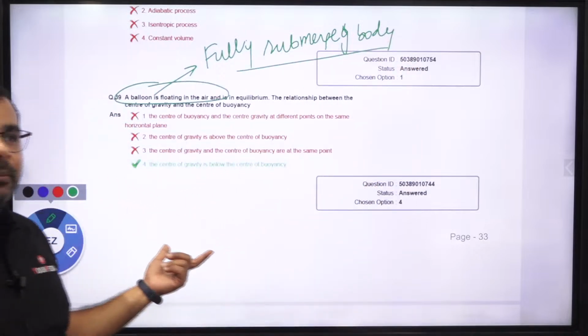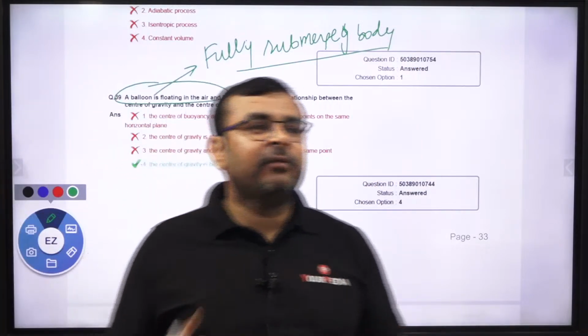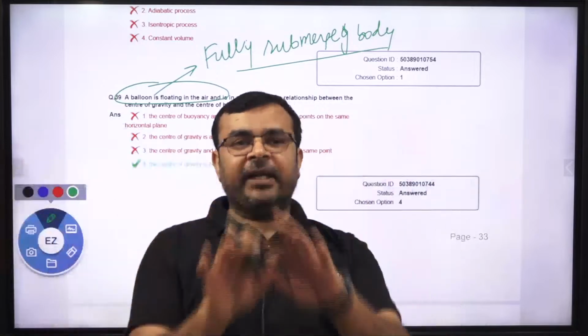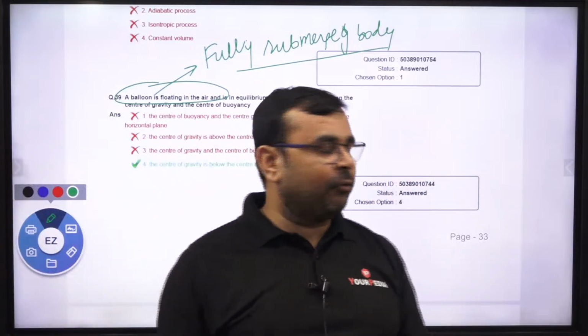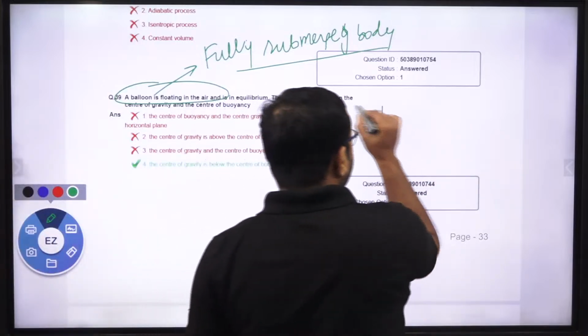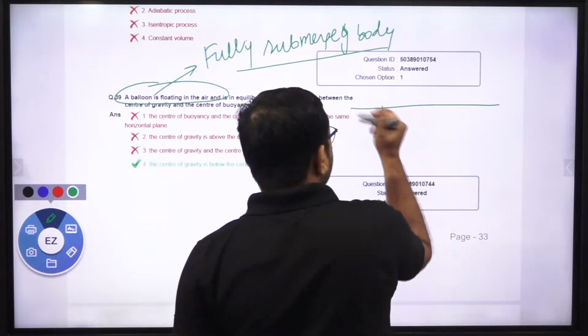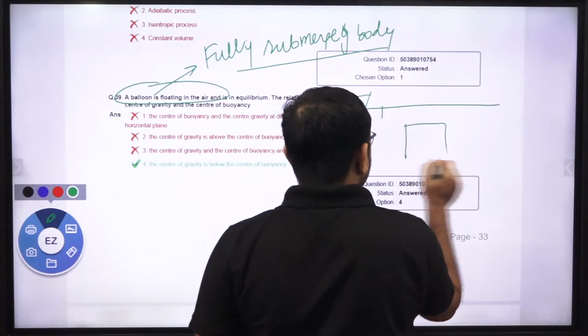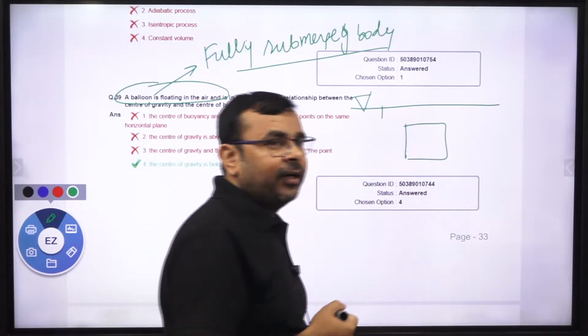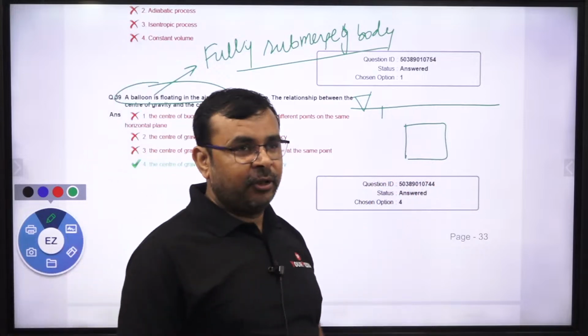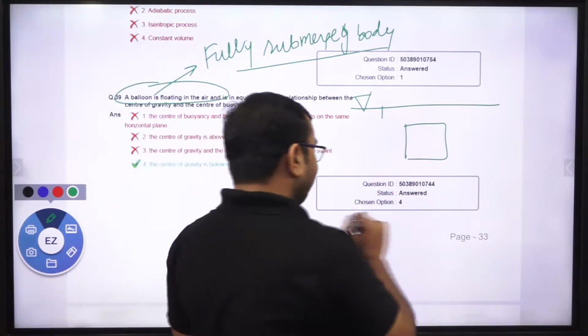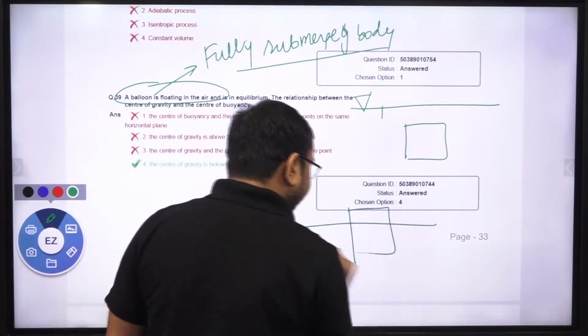Whenever you have a volume, it is surrounded by air throughout the periphery. And in water, if this is the datum, and any body is situated somewhere inside the water, then we can say this is a fully submerged body. But a body which is floating looks like this and is called a floating body.